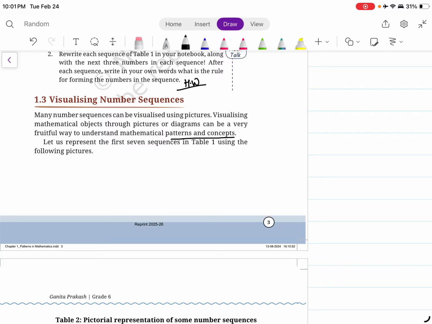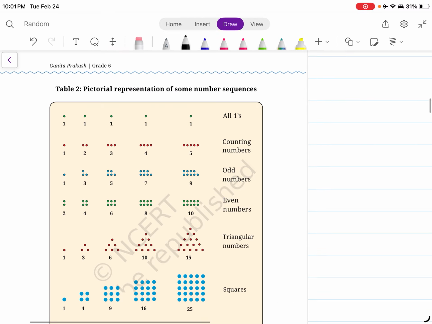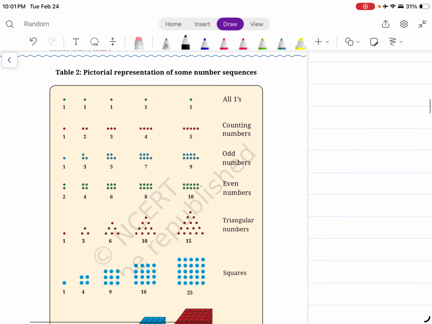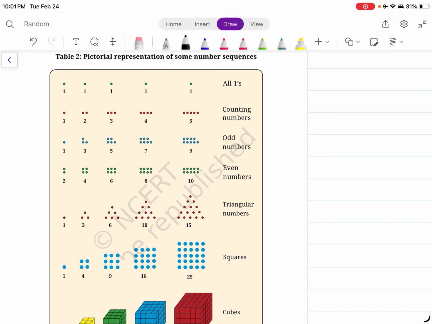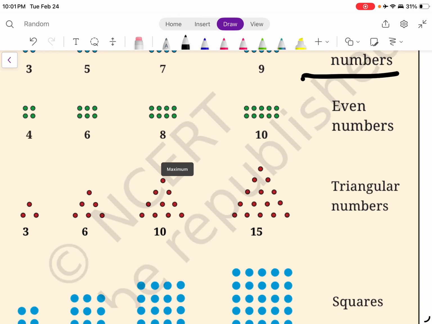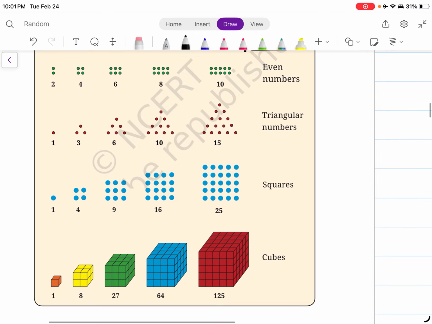Let us represent the first sequence in table 1 using the following pictures. अब ये दोस्तों पिक्टोरियल रिप्रेजेंटेशन है सब नंबर का. फॉर एग्जाम्पल 1 1 1 1. ये जो डॉट देख रहे हैं 1 डॉट 2 डॉट 3 डॉट 4 डॉट 5 डॉट, 1 डॉट 3 डॉट 5 डॉट 7 डॉट 9 डॉट. दिस इज ऑड नंबर.